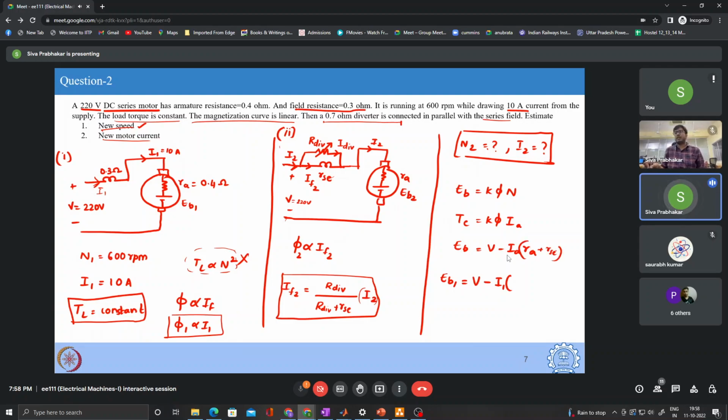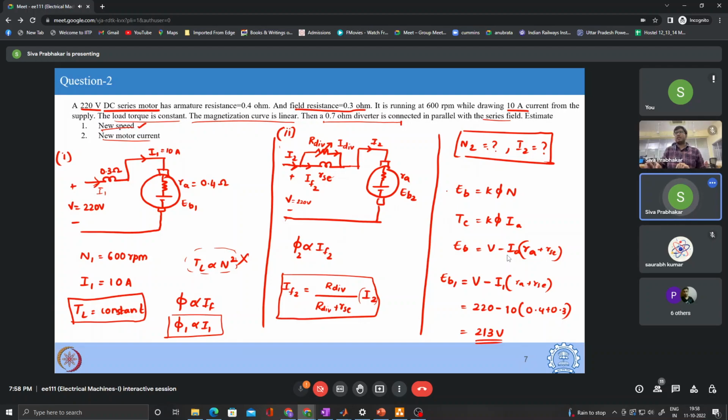This is for a series motor. So it is 220 minus I1, which is 10, into 0.4 plus 0.3, and it is 213 volt. So we got the value of EB1, and it is just a KVL equation.